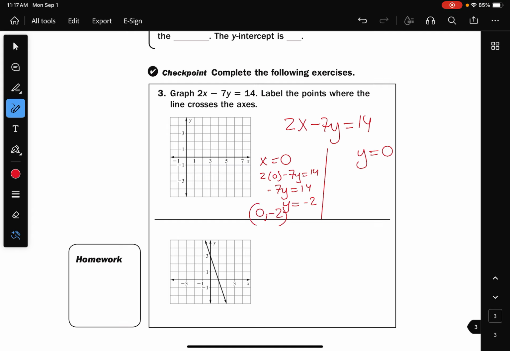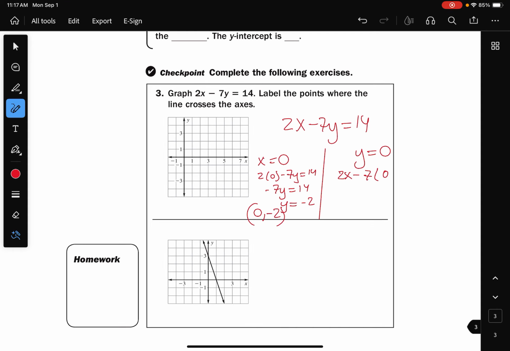And I can't tell you how many people get a +2 here just because they refuse to write out that first step. Again, I've been doing this for so many years. I know exactly where people make mistakes. And every year people are like, no, Ms. Zaluska, I don't need to do that. Trust me, you need to do that. And here you get 7, so I'm at 7, 0. So 7, 0, 0, -2, straight line, arrows both sides.